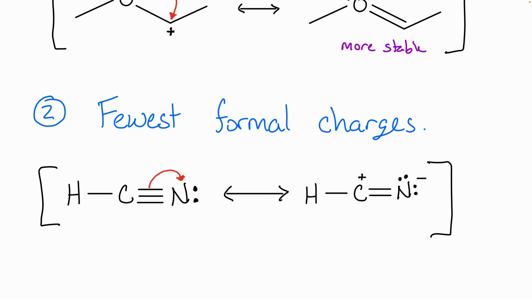As you guys intuitively said, the one that's going to be more stable is the one on the left because it's got the fewest formal charges. Again, that doesn't mean that the one on the right isn't important, but our true molecule looks the most like the one on the left.